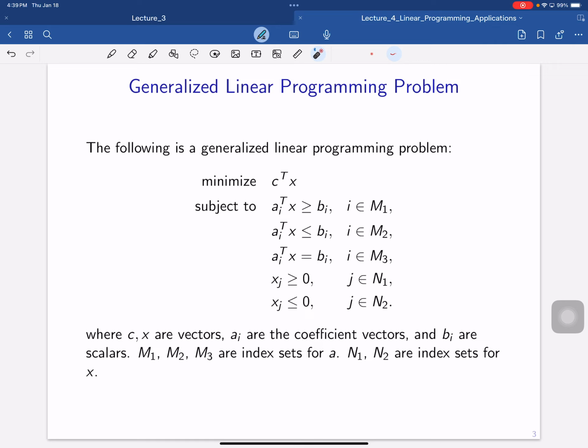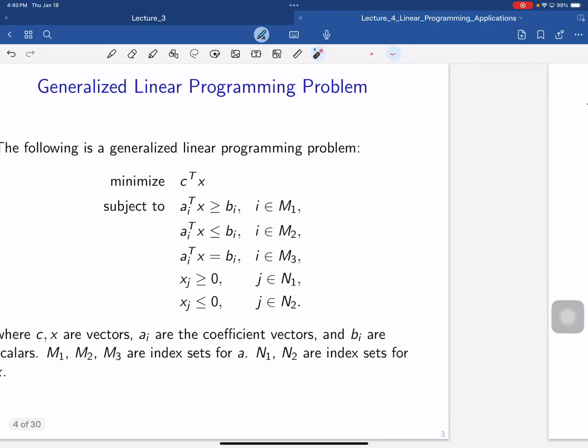So there are different ways to write a linear programming problem. This is just one of the ways. Before we go to some applications, we are going to show that there are different generalized forms to write a linear programming problem, and all those forms are equivalent.